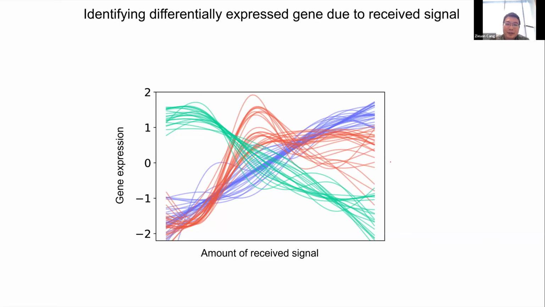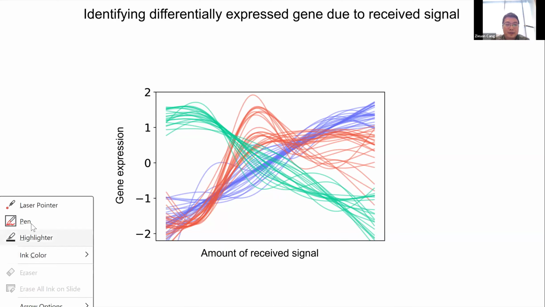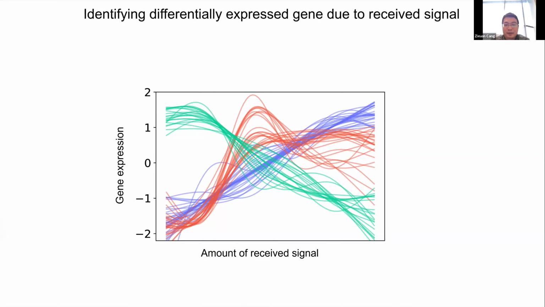Now assume that instead of using pseudotime as the cofactor, we replace pseudotime by the amount of received signal by each spot. We can run the same analysis and find the genes that are highly correlated to the cell-cell communication processes, through potentially nonlinear correlations or nonlinear relationships.